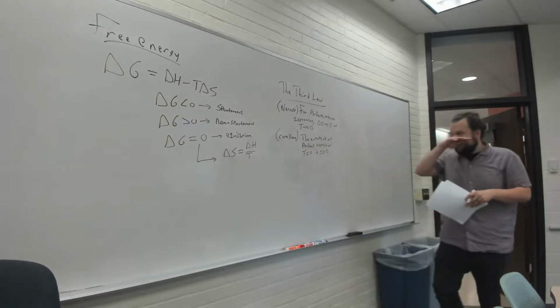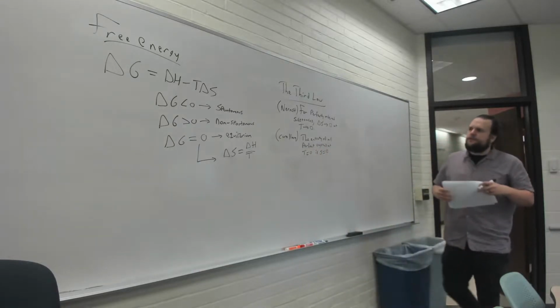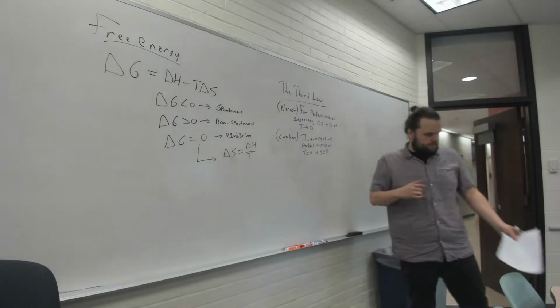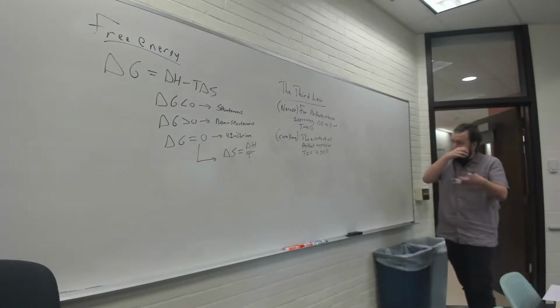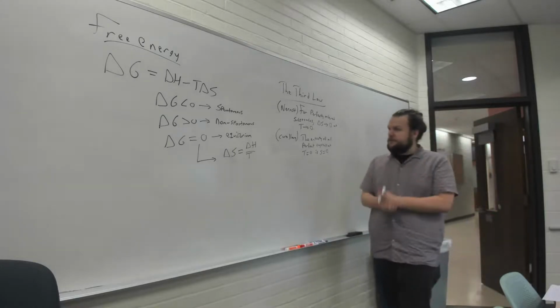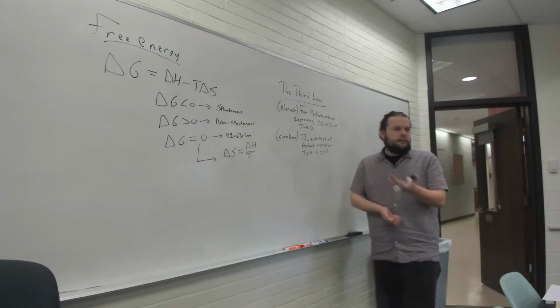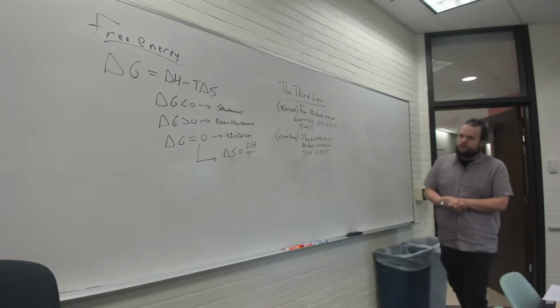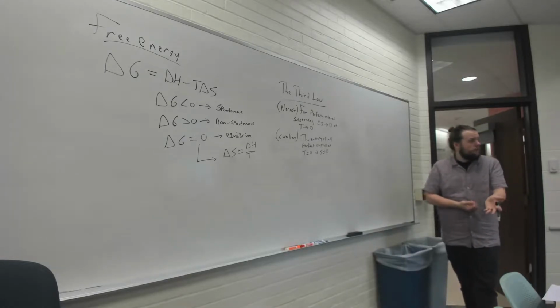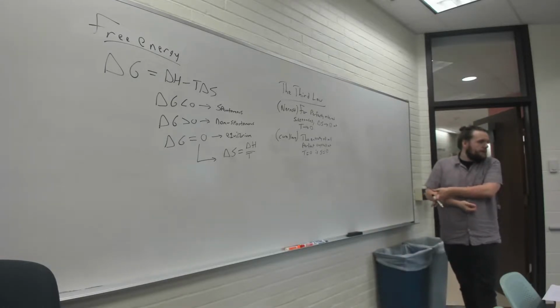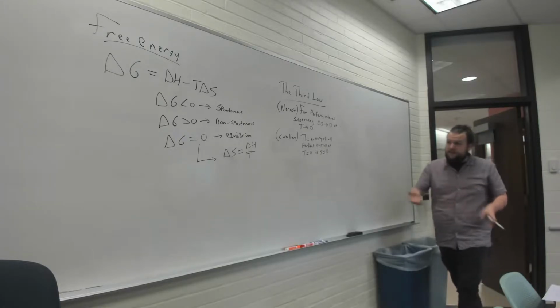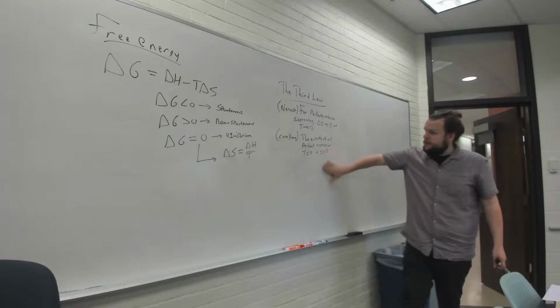So, for instance, for any species, maybe we have bromine or carbon or something like that, if we want to think about what we reference its entropy relative to, we're going to take the crystalline form of that and freeze it all the way down to 0, and that'll be our baseline. The idea is that S is equal to 0 there.